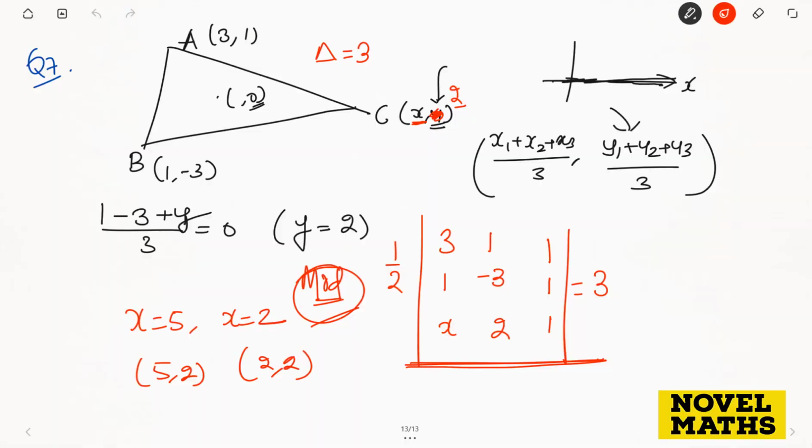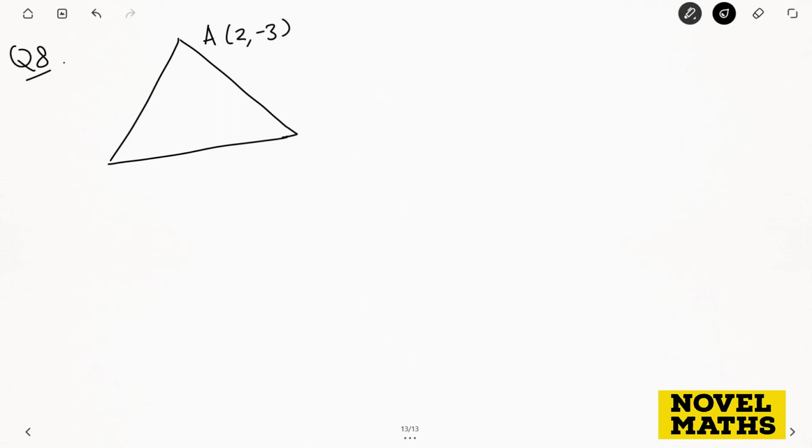Let's try solving question 8. A we know, 2 negative 3. B is also known, 3 negative 2.